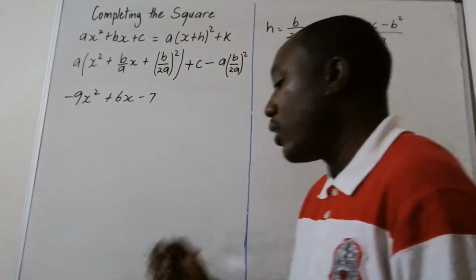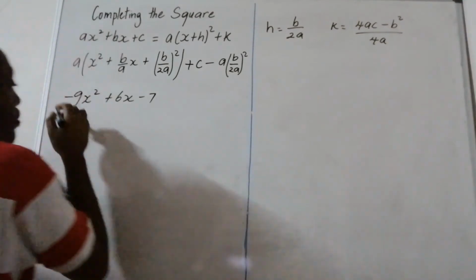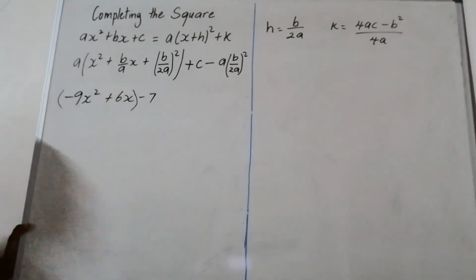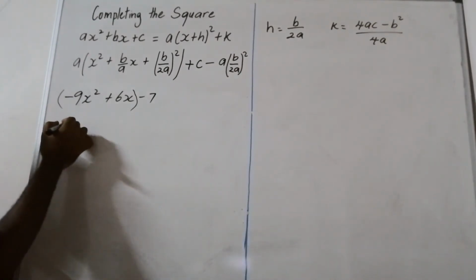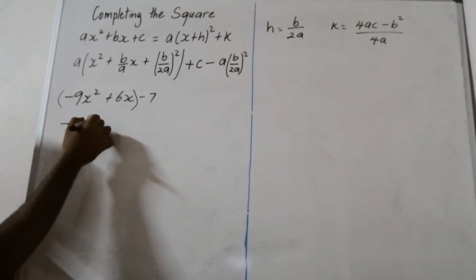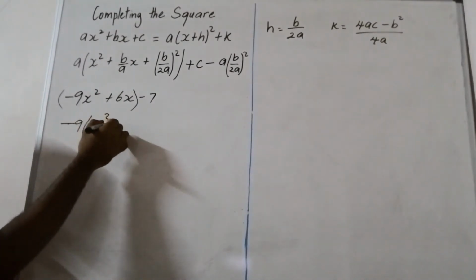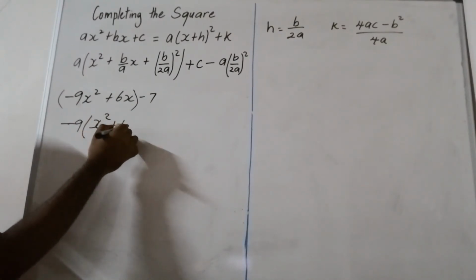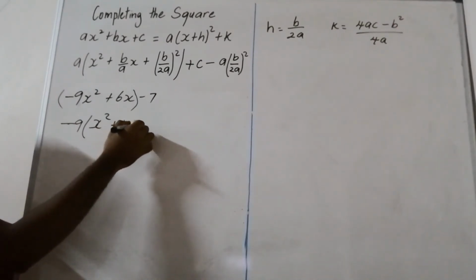So first of all, we must remember that we want to write this portion here as a perfect square. So first we factor out our minus 9. So factoring out our minus 9, we're left with x squared plus 6 over minus 9 x.